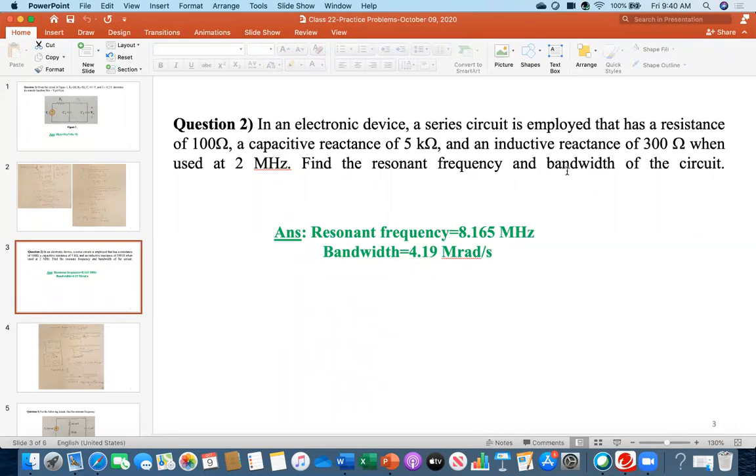Just keep in mind that for capacitance, the 5 kilo ohm is reactance. Similarly, for inductance, it is not Henry, it is inductive reactance. That's why the frequency is given, 2 megahertz. Then find the resonant frequency and bandwidth.